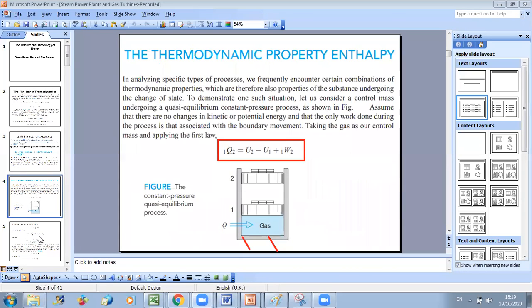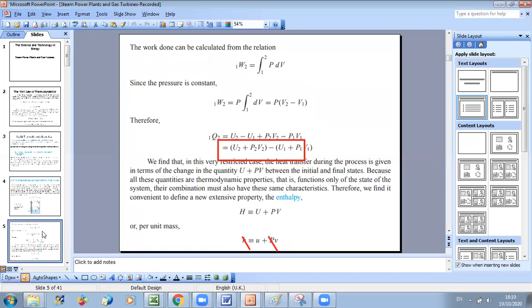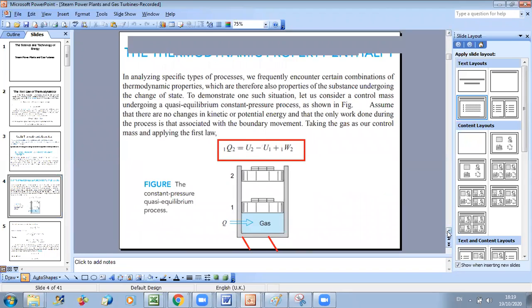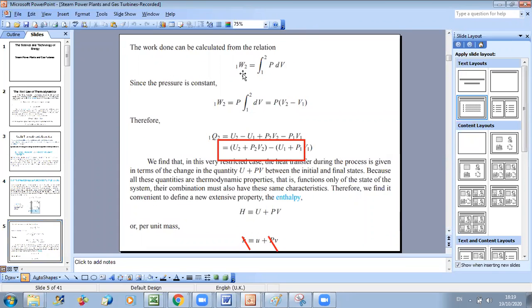How do we define the work done on a system or by a system? Yes. Okay. The work done on a system between state 1 and state 2 is the integral from 1 to 2 of PdV.